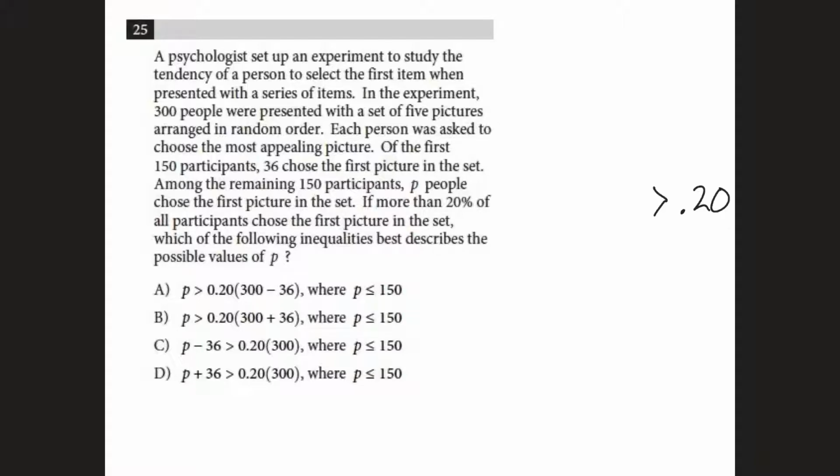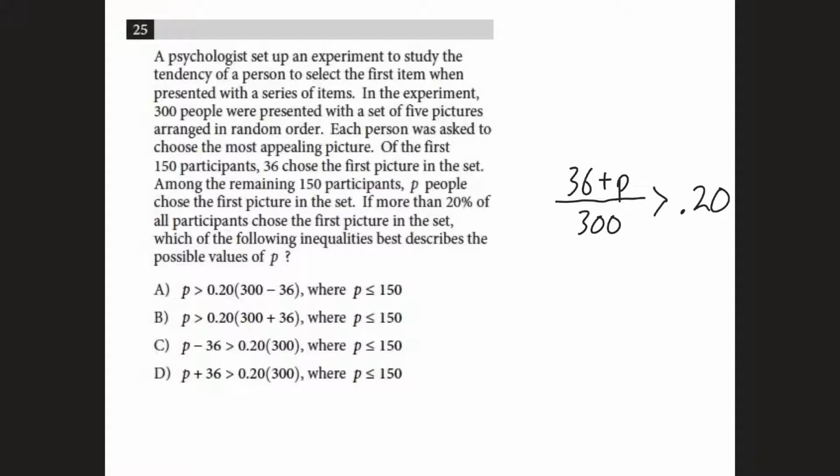And we know that there are a total of 300 participants, and 36 chose the first picture in the first set, plus some number chose the first picture in the second set, and P chose the first picture in the second set.